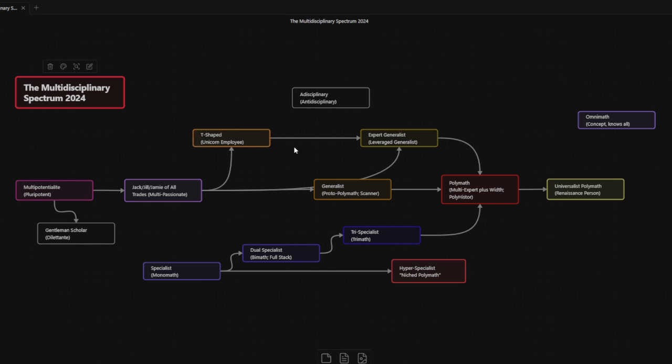And the difference between a T-shape and an expert generalist is the level of knowledge in those extra areas. So let's say a T-shaped has one specialty, but many different areas at a novice level. Well, the expert generalist is maybe more adept or journeyman level in many different areas, whereas they have one particularly deep skill. Maybe two, but I think that's kind of getting into the weeds of things.